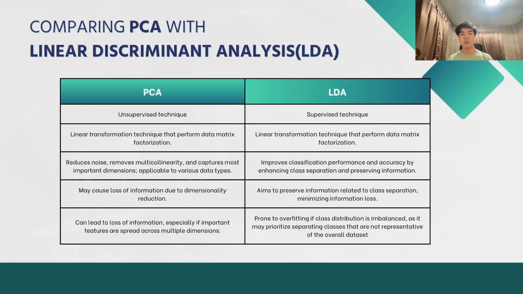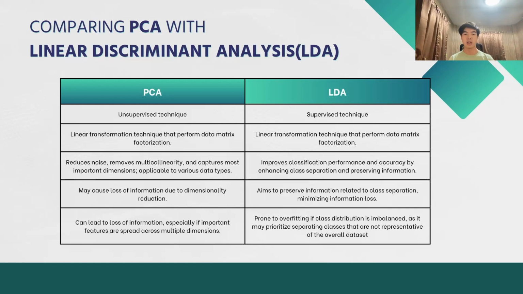Next, I will talk about comparing PCA with the other techniques in the same category, which is dimensionality reduction. So first, let's talk about comparing PCA with linear discriminant analysis, or LDA. First, PCA is unsupervised learning, while LDA is a supervised technique.